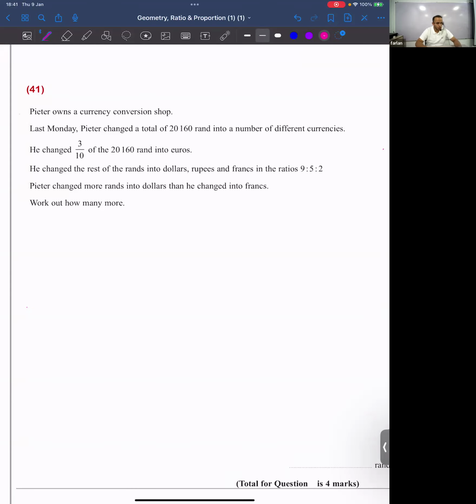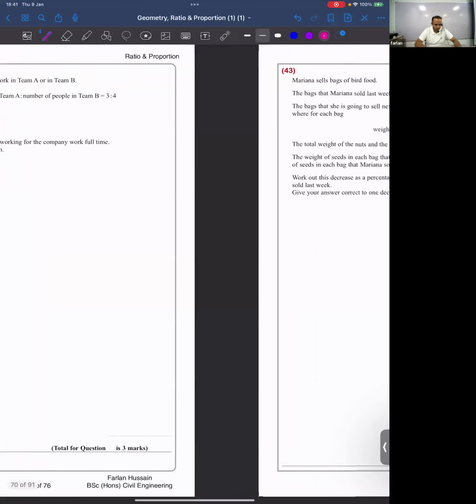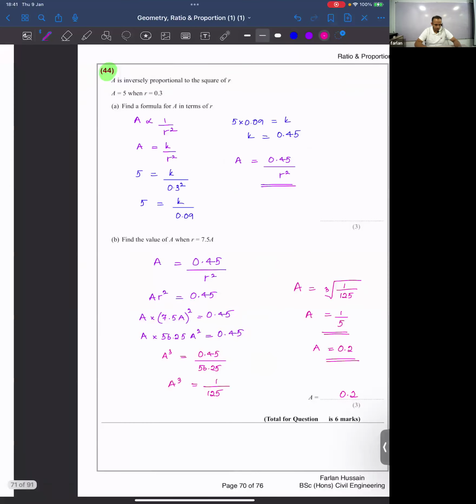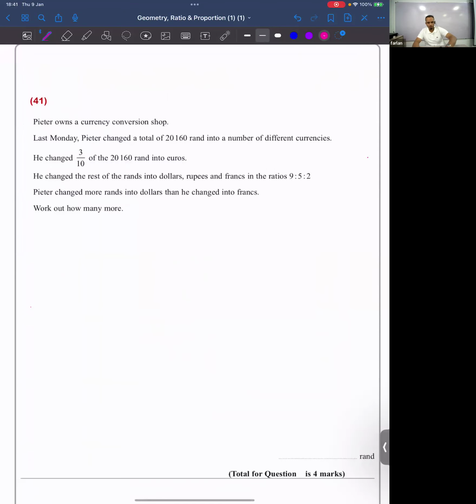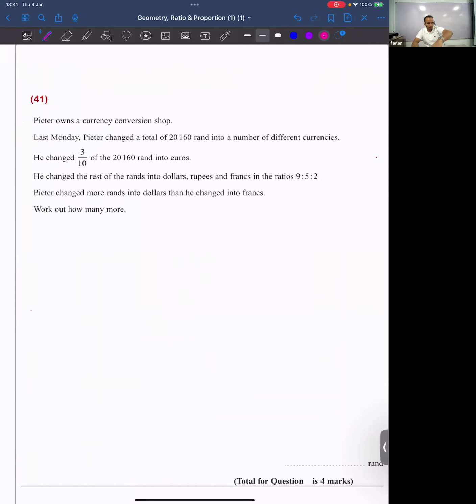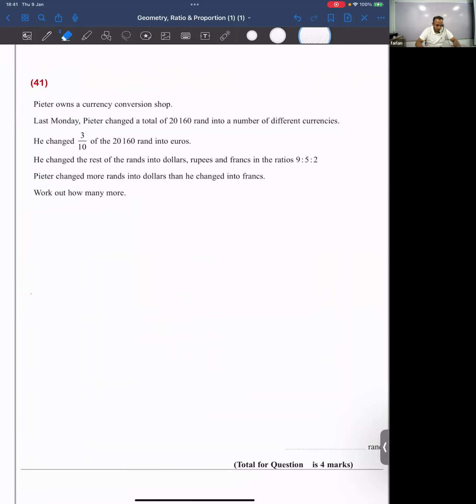Question 41. Hurry up. Peter owns a currency conversion shop. Last Monday, Peter changed a total of 20,160 rand into a number of different currencies.